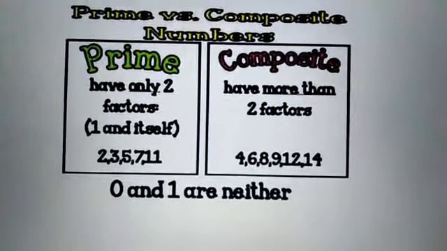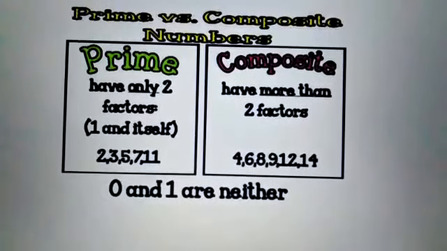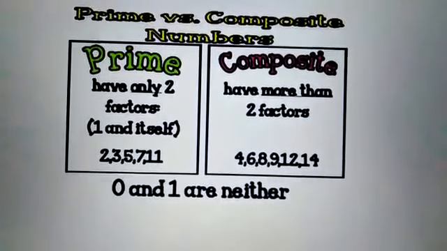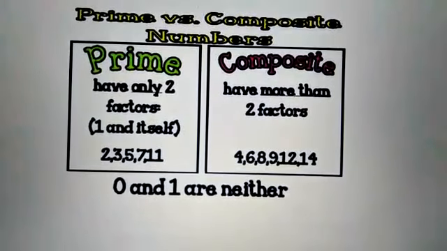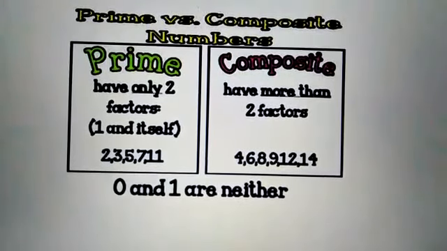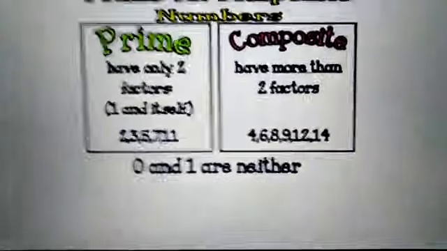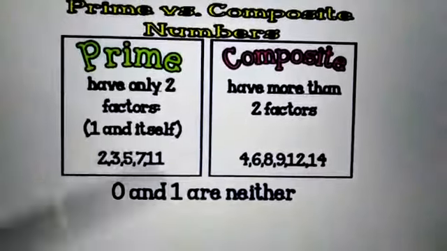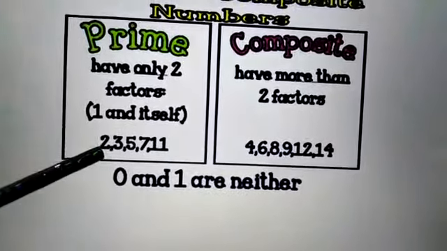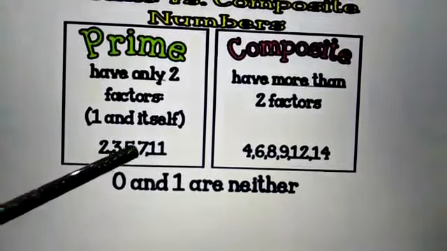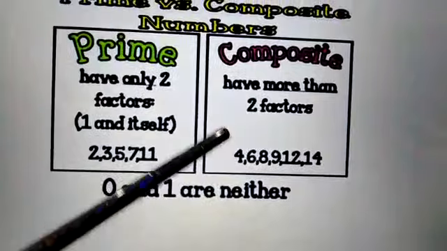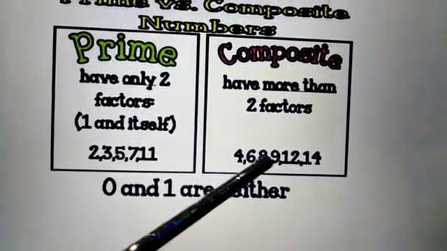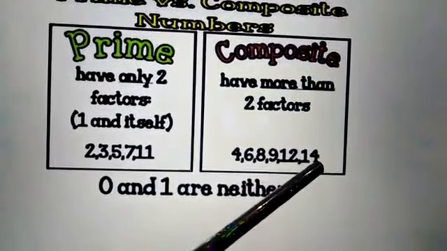You can check that prime numbers have only 2 factors, 1 and itself, and composite numbers have more than 2 factors. Okay, there are some examples of prime numbers: 2, 3, 5, 7, 11, and examples of composite numbers: 4, 6, 8, 9, 12 and 14.